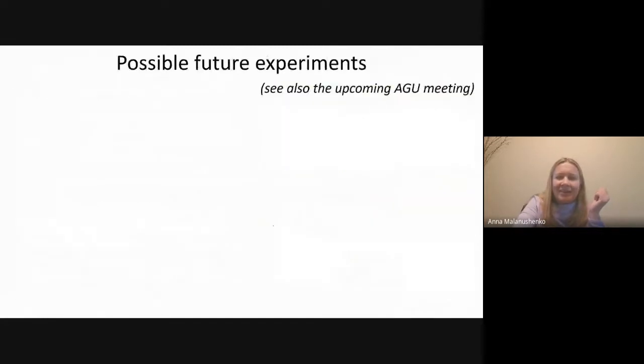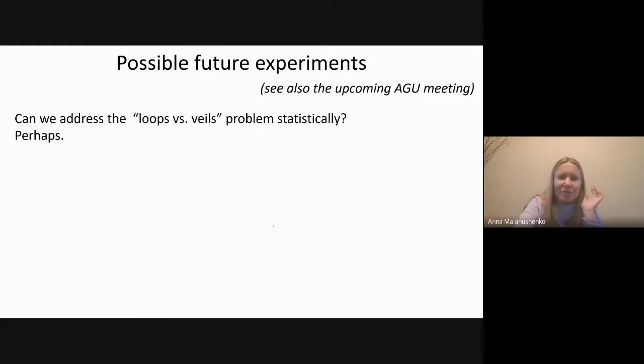So this will be just 3 brief slides, and I will talk about it in more detail in the upcoming AGU meeting. But I am extremely excited in that our team won a funding proposal to pursue this project. And the project is to address this problem statistically.